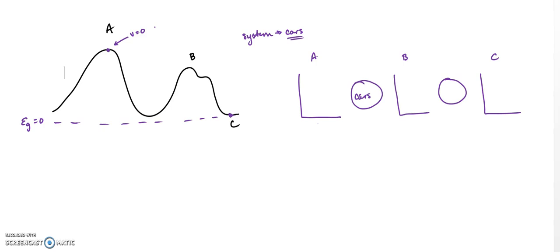So we assume no velocity at that point, which means no kinetic energy. But we are definitely above our 0 line, so we definitely have gravitational energy. And since time really hasn't passed, we haven't had time to lose any energy. We have no work being put into or out of the system at this point. We just have gravitational potential energy.